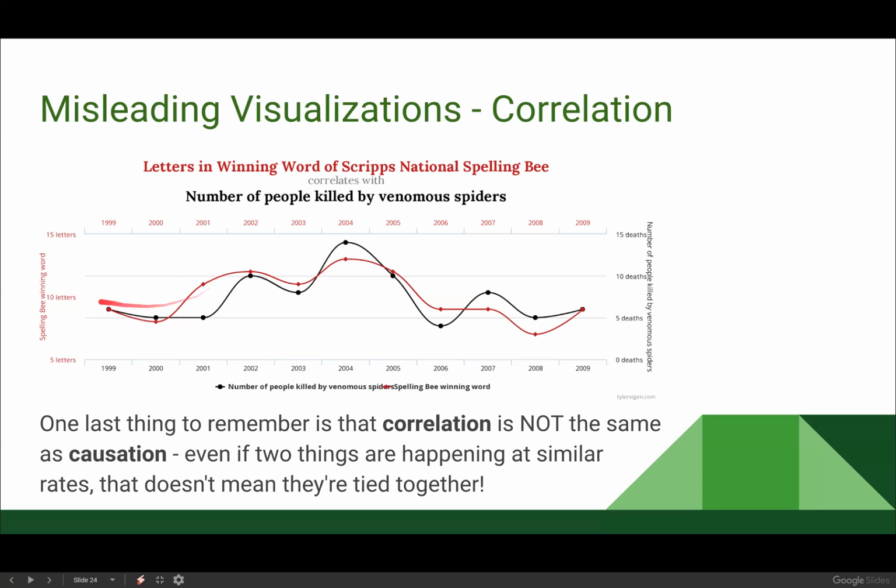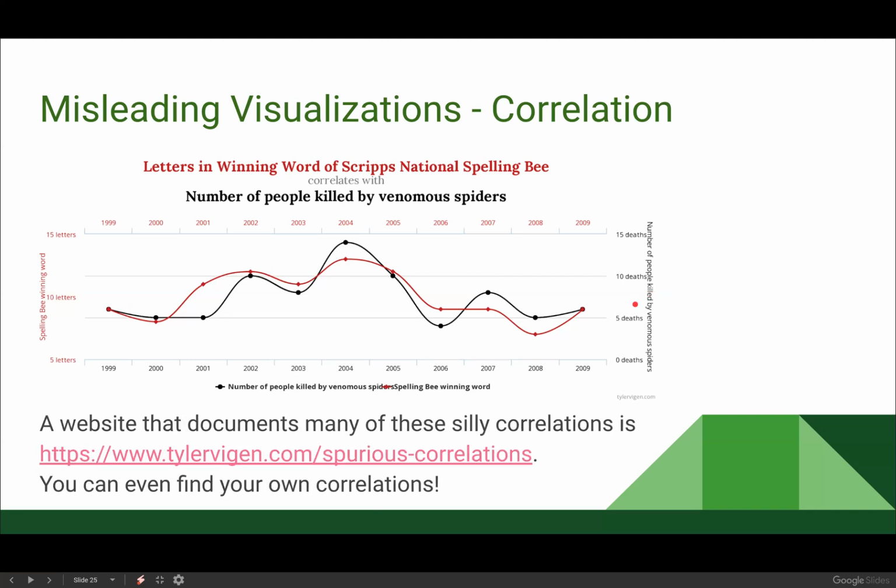So even though their data points are pretty closely correlated, one of these did not cause the other to happen. These two data points are completely separate from each other, even though their graphs line up pretty closely. There's a whole website of these silly correlations. They have a tool where you can find your own correlations.